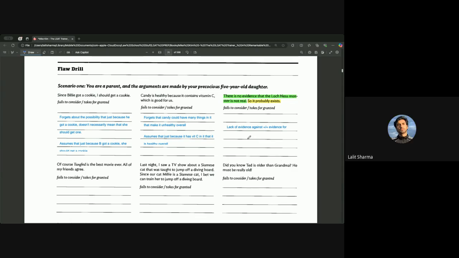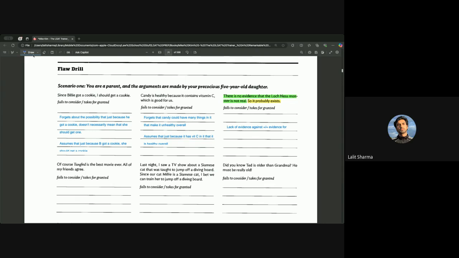What I'm saying is that just because you don't have evidence against something, you cannot use that as evidence for something. Oh, got it. Okay, I get it. Yeah, it's pretty straightforward.